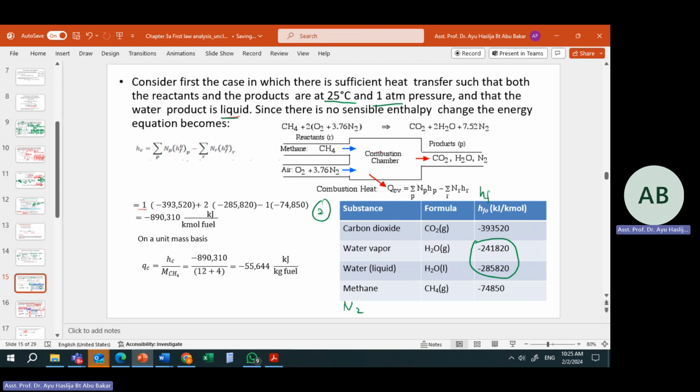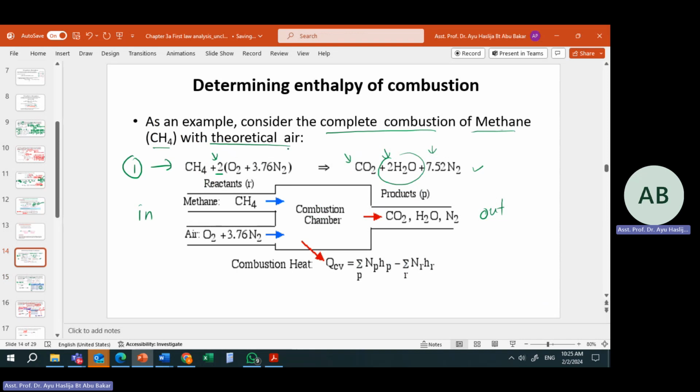Okay, so do you need to find the H, the sensible heat? No, because there is no change in temperature, right? Okay, from the statement over here, it doesn't mention any changes of the temperature.